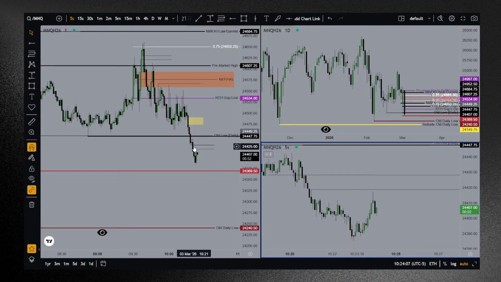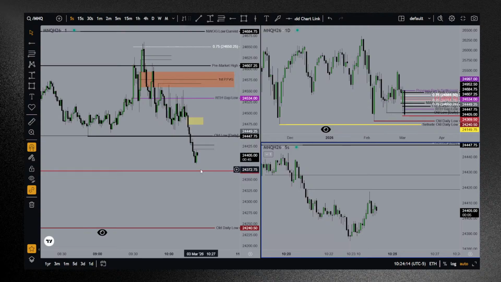Potential return to this fair value gap here, and what I want to see is resistance here.